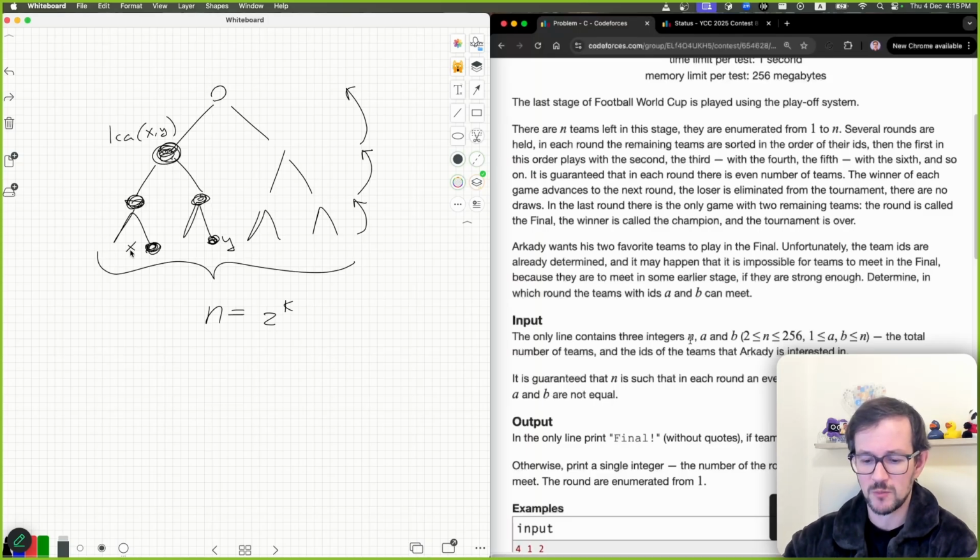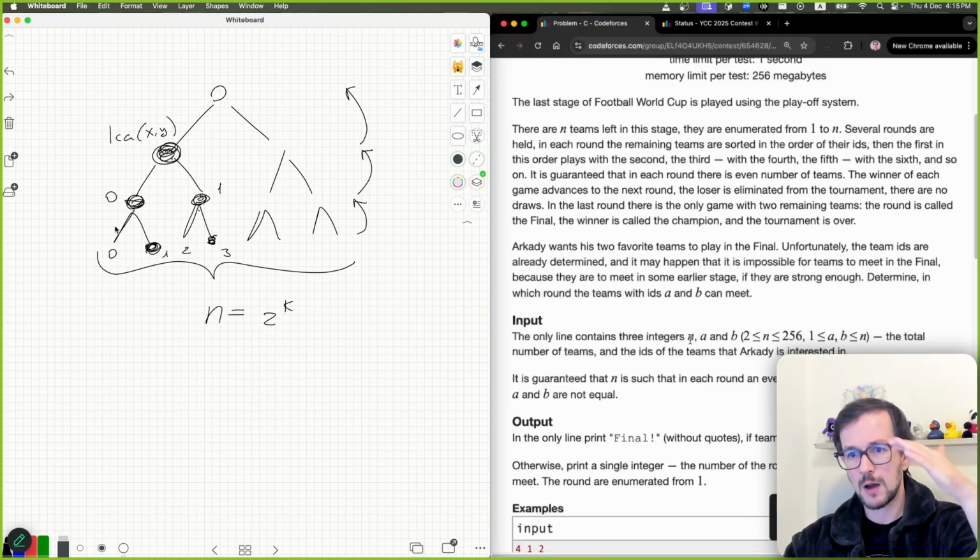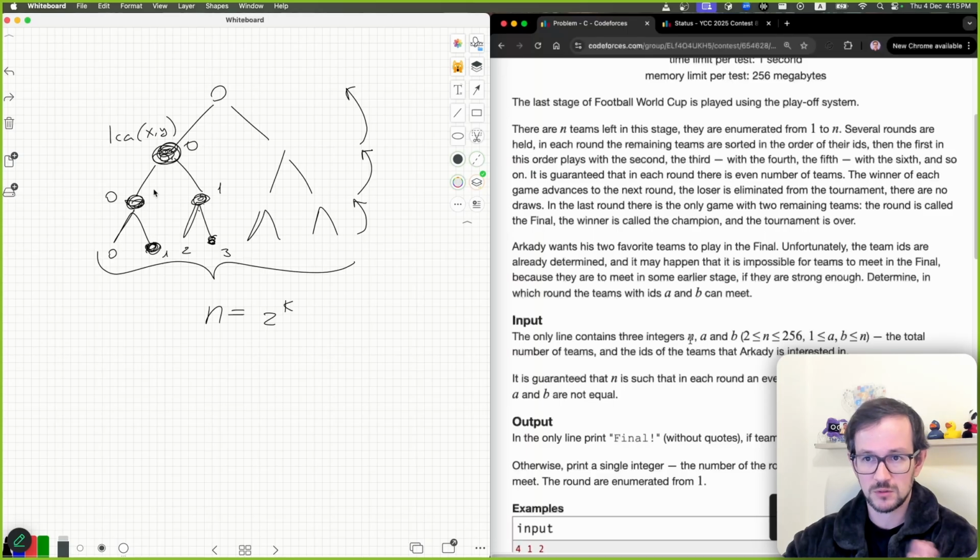If you enumerate them from 0, 1, 2, 3, then when you go one position up, this is 0, this is 1, and the number of the node is just this number divided by 2. So you just go up by dividing the current number by 2. I move up until I reach the same node, and if I reach the same node, this is the level when we play in the same game.